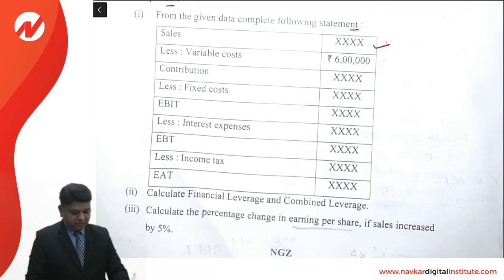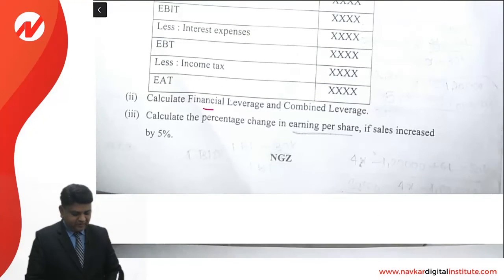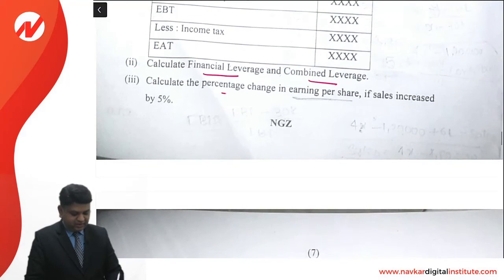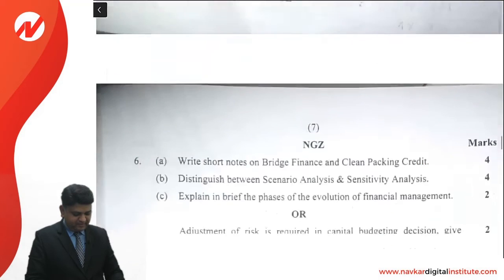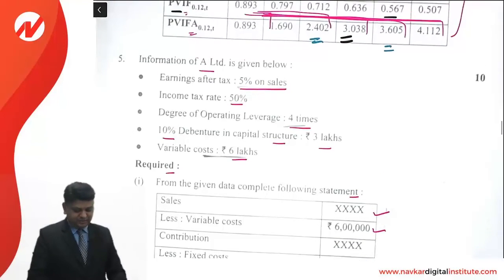Sales we do not know, amount of the variable cost is 6 lakhs, and so on, information is given. Calculate financial leverage and combined leverage. Calculate percentage change in EPS if sales increased by 5%. That is the way the question is providing the information.